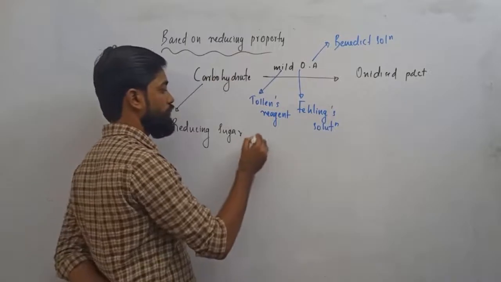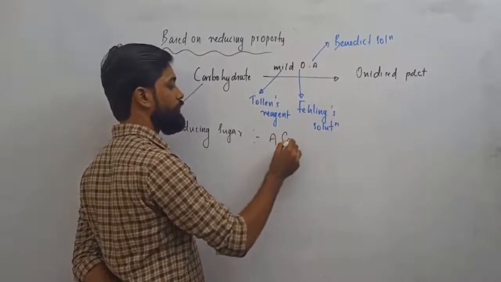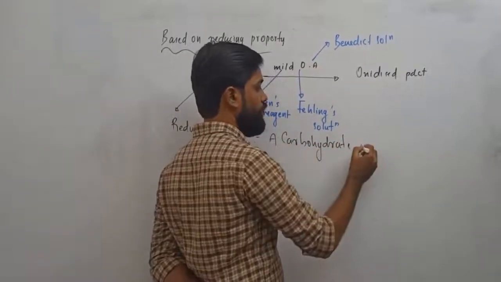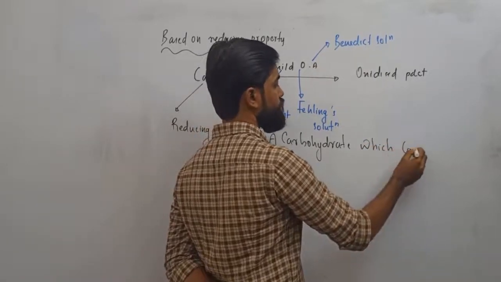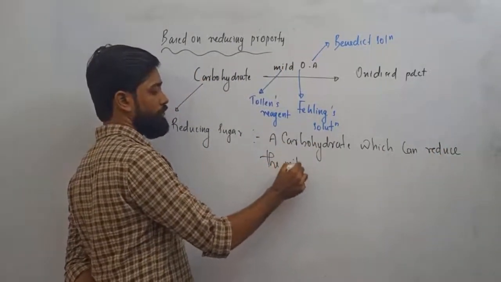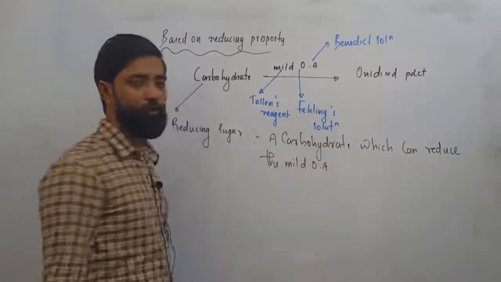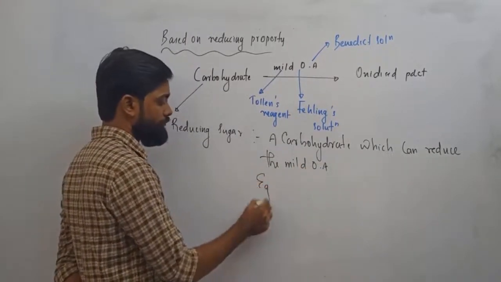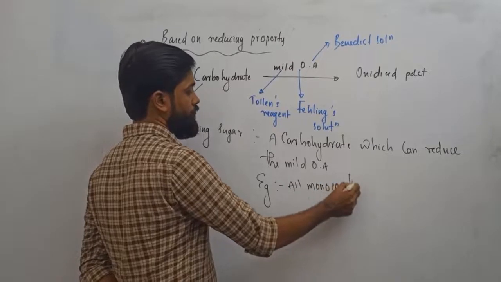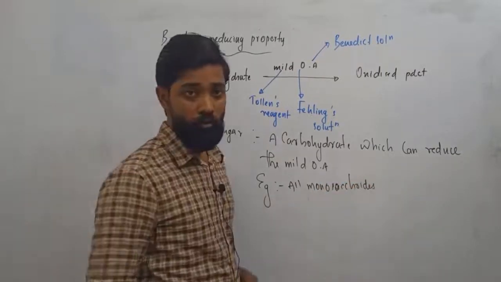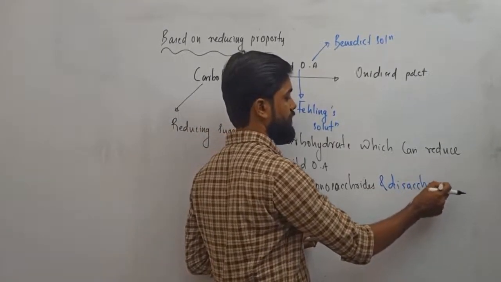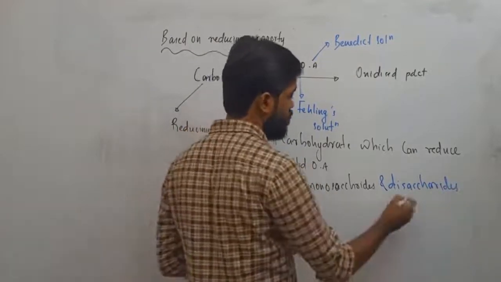So, what is a reducing sugar? A carbohydrate which can reduce the mild oxidizing agent like Fehling solution, Tollens' reagent, etc. Examples: all monosaccharides and disaccharides, except sucrose.